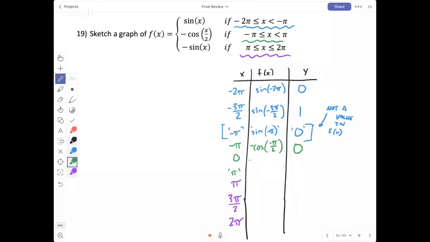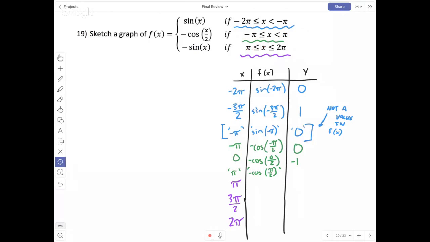Then let's see. Negative cosine of 0 over 2. The cosine of 0 is 1, so negative 1. And then negative cosine of pi over 2. And again, I'm putting this in quotation marks because I know it's not really on the graph, because clearly pi is not defined in the green section.